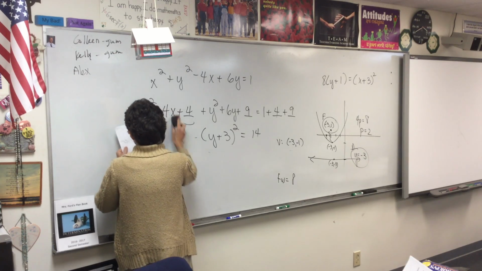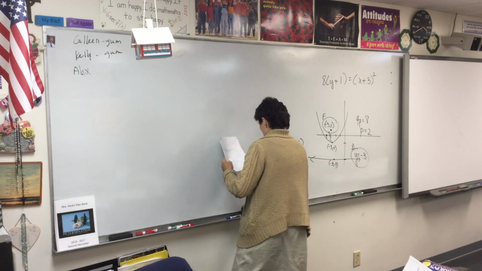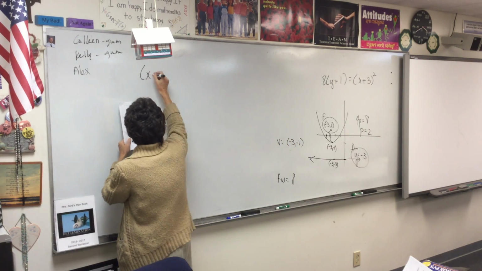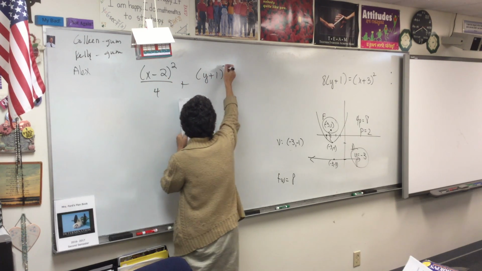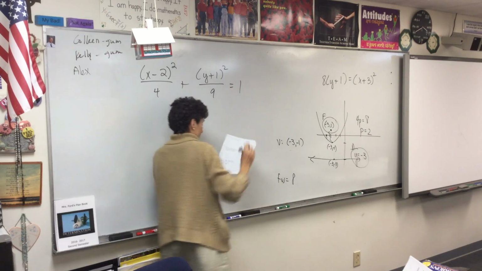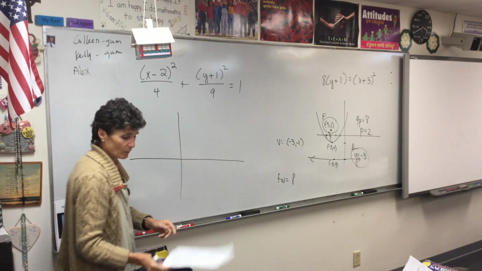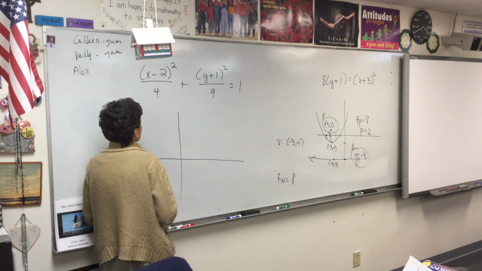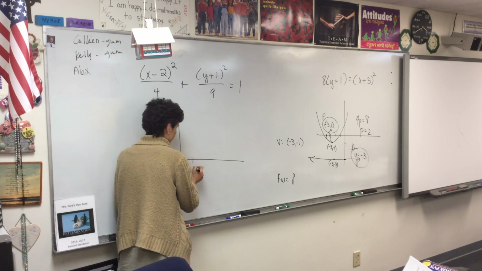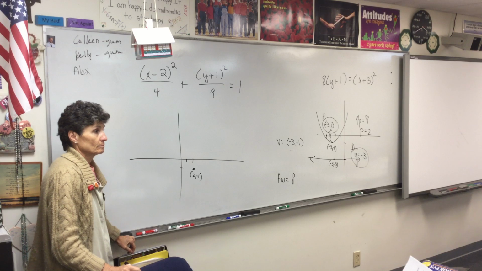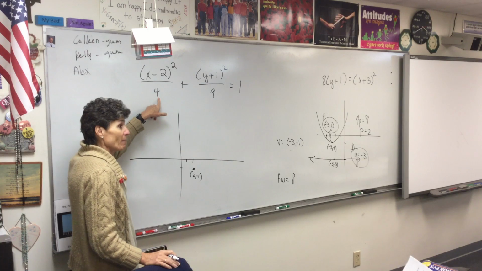All right, now we've got our ellipse. So it's already in good shape for us. All we have to do is figure out everything. All right, where's the center? Easy points. Where's the center? 2, negative 1. And now I'm going to put my vertices on.